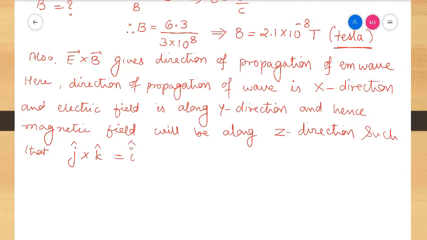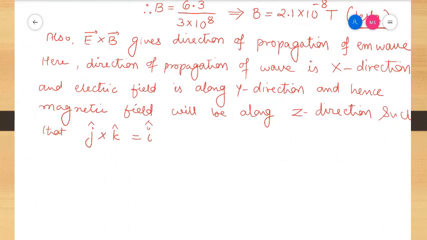So electric field is along y axis, magnetic field is along z axis, and electromagnetic wave is traveling along x axis.